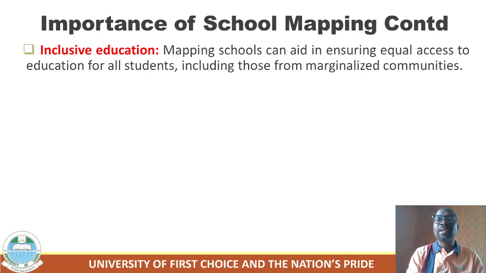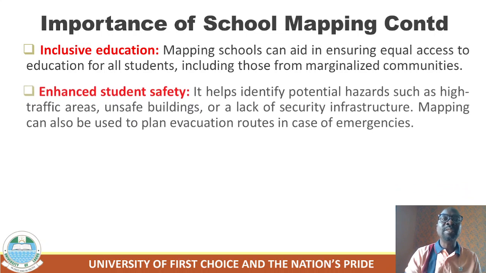You know, the special needs children, the almajiris, the girl child, the children on the streets, and so on and so forth. When we map our schools, knowing fully well that the essence is to create access, then we'll be able to accommodate people from marginalized communities.